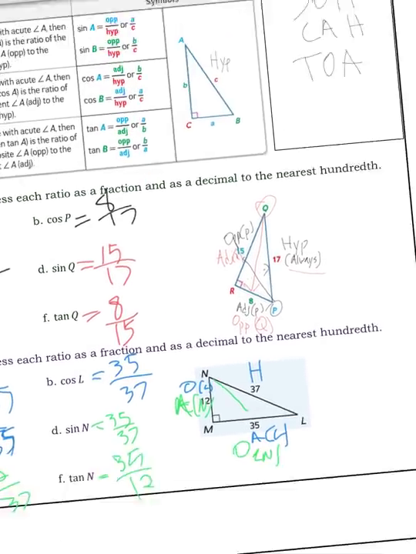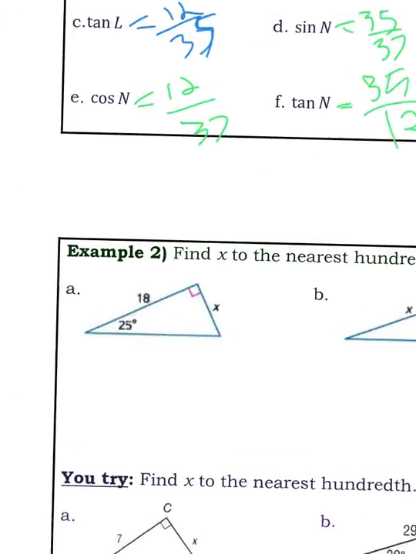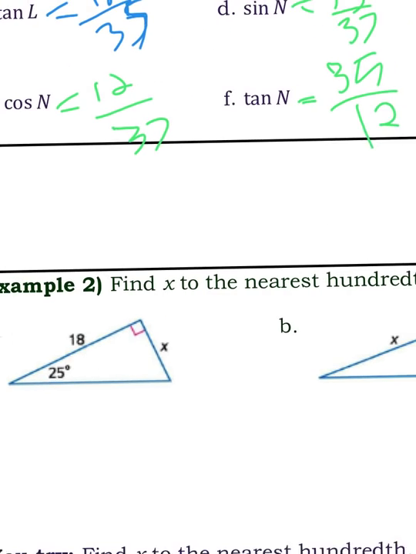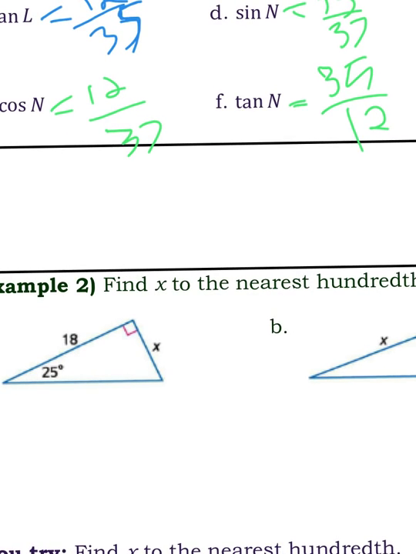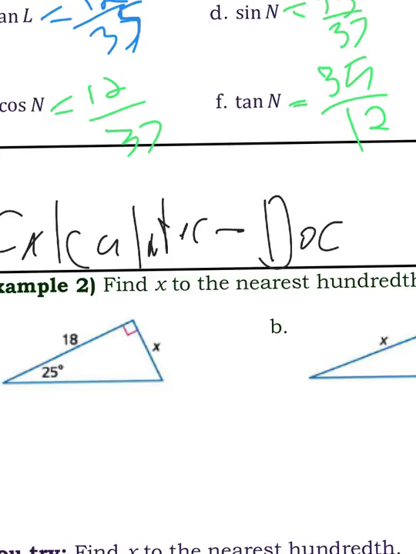But okay, let's go to the next page. Find x to the nearest hundredth. Now, to do this stuff, you need to make sure your calculator is in degree mode. So, from a calculator screen, you need to press the doc button. And then from there, it's doc 7, that's settings.